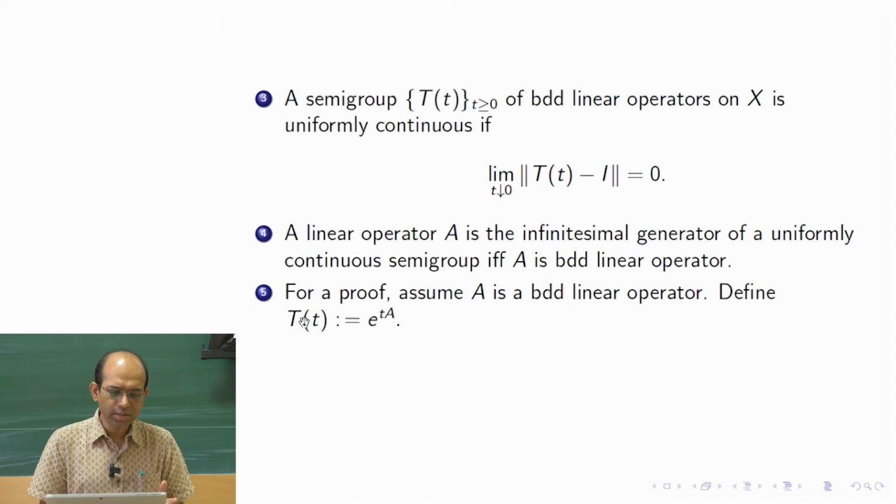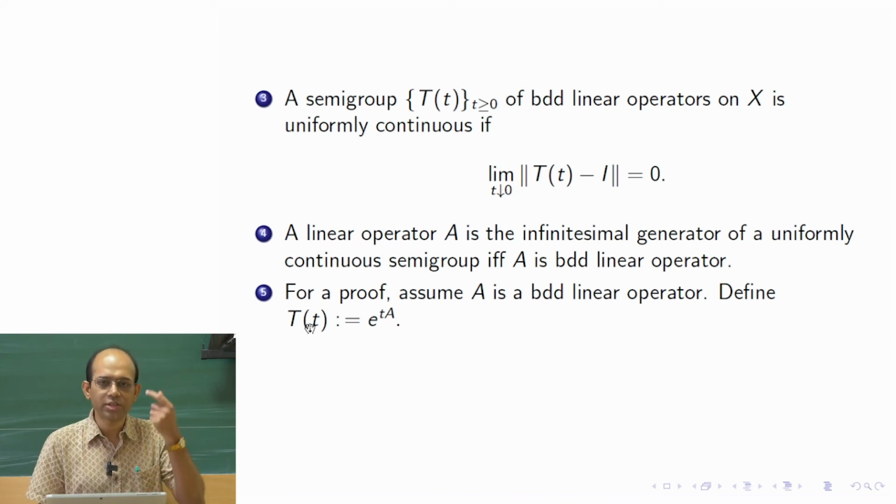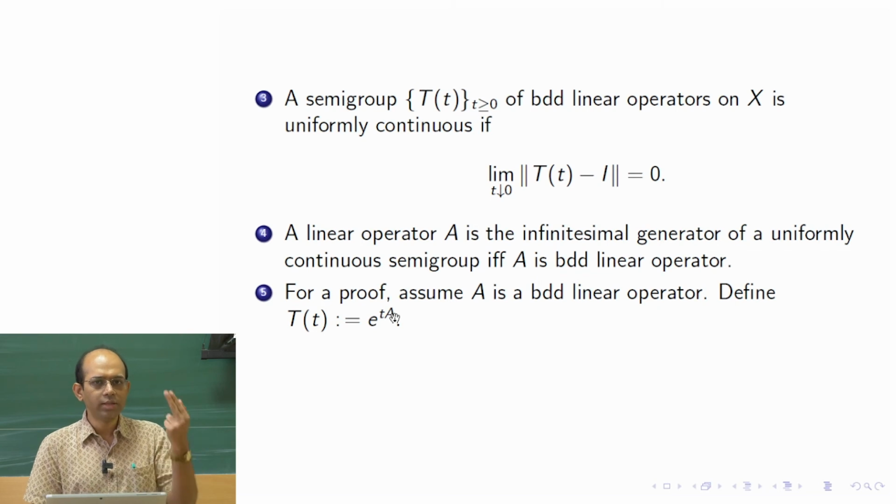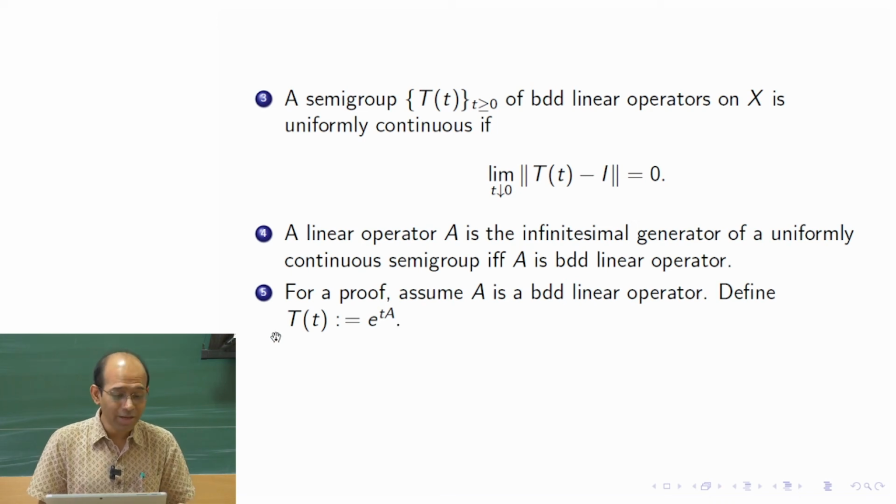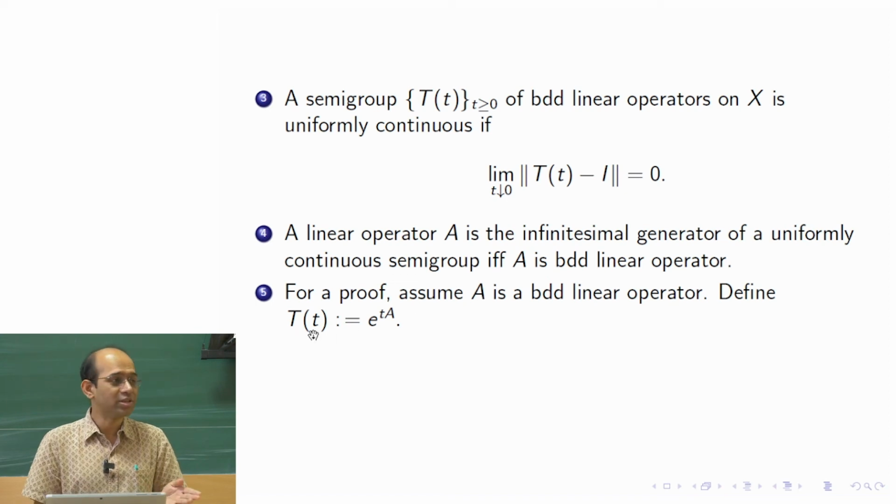For this definition, of course, it satisfies the first property, T(0) is e to the power 0, that is the identity operator, and it satisfies the second property, the semigroup property. Then one should also check that for the semigroup we have defined, A is indeed the generator. That also needs a proof.